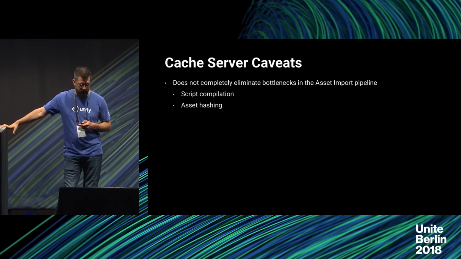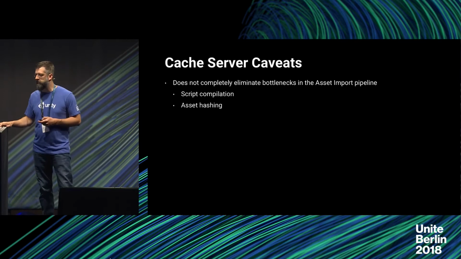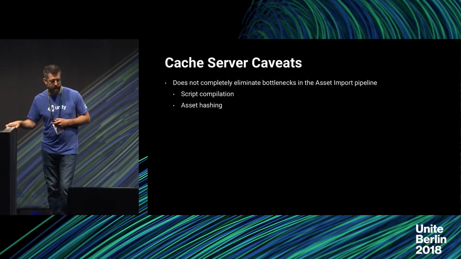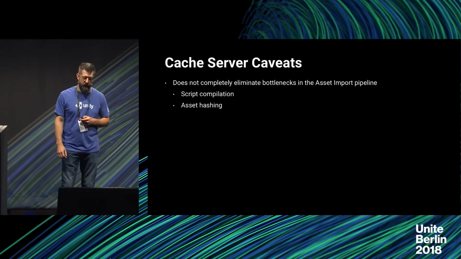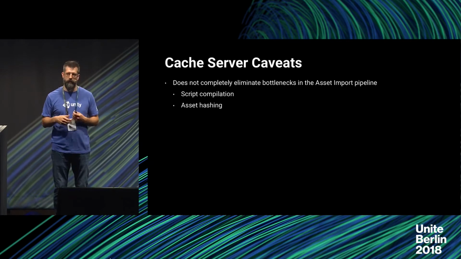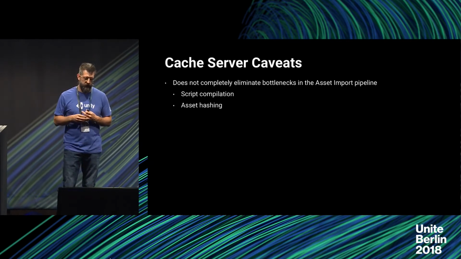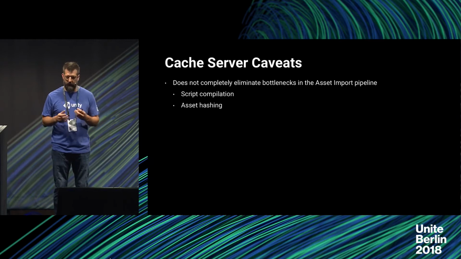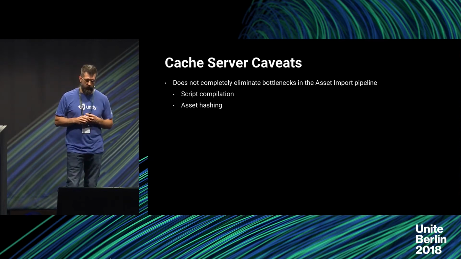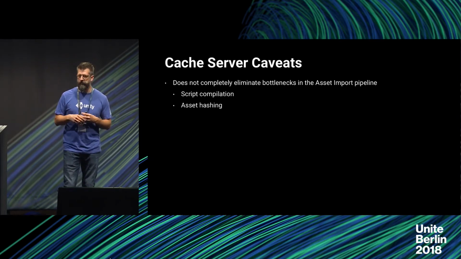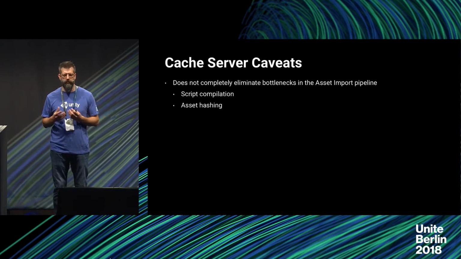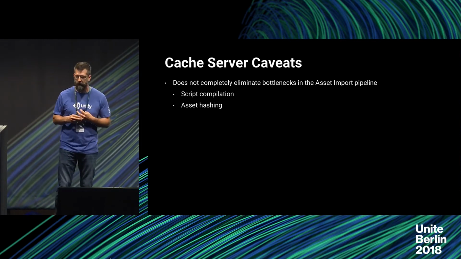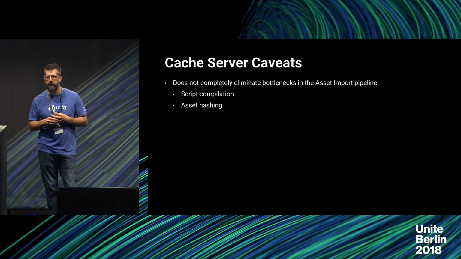Couple of caveats with the cache server. So it's not the complete magic bullet. There's still a couple of steps that the cache server isn't used for. So you still have to go through script compilation. That kind of has its own caching mechanism. There's the process of calculating the asset hash; usually on smaller projects you don't notice this, but on big projects it really starts to show up.